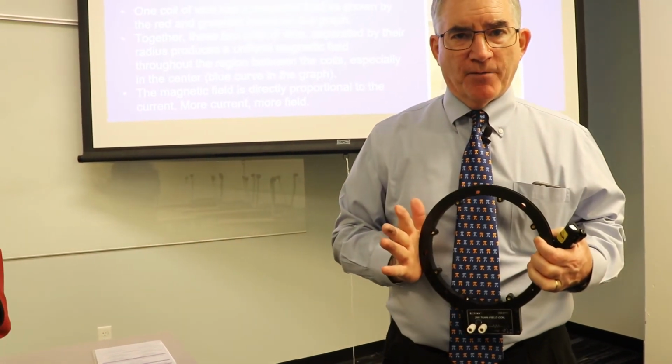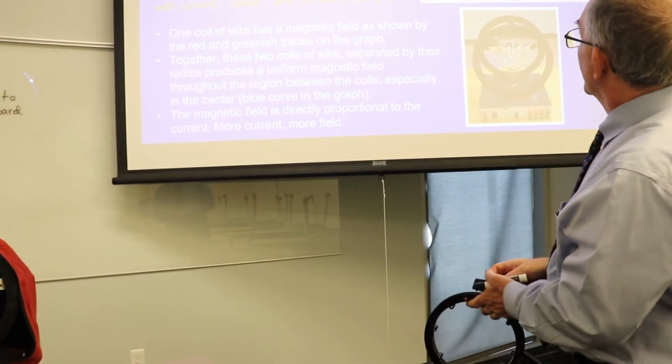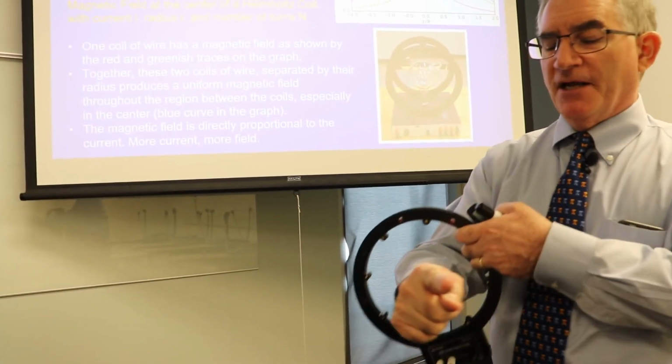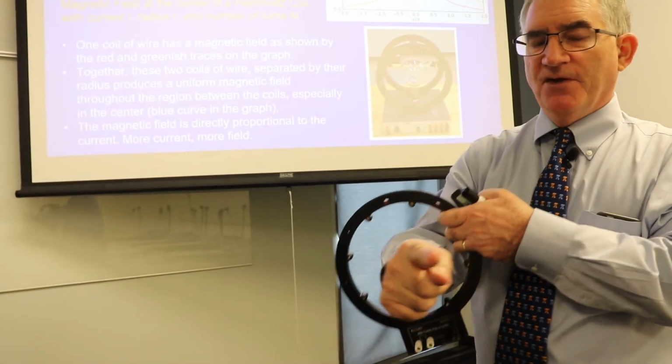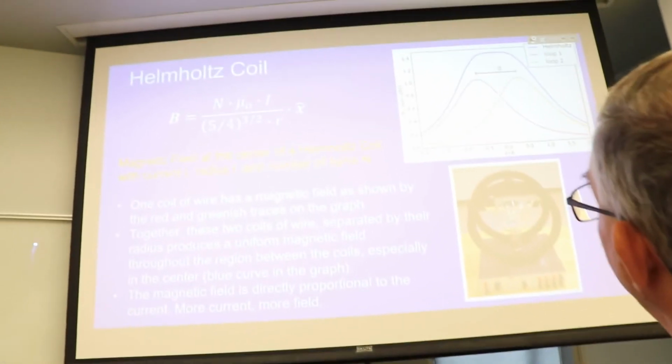So it's non-uniform. Non-uniform. Okay? And if you just have one all by itself, and let's say you just went right down the middle like this, and you wanted to see what the B field is, and you plotted it, it would look like that.